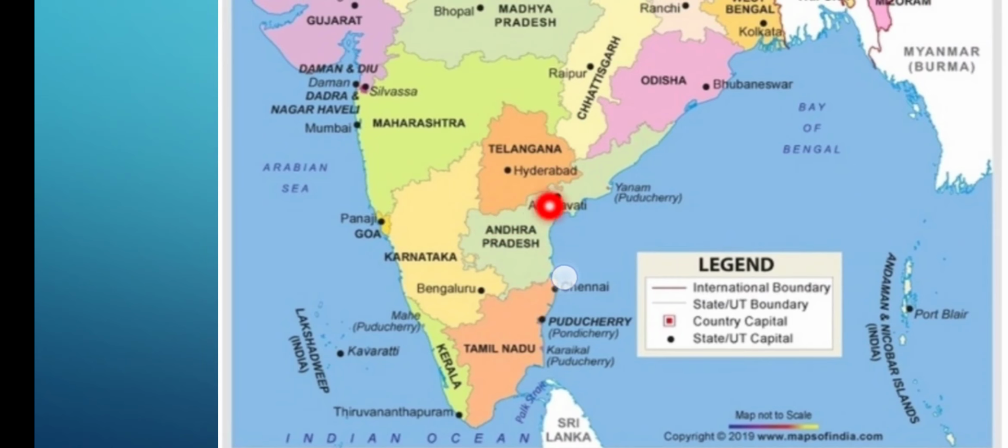It is a landlocked state. So if the question is there, a state in South India which is not along the coast or not sharing any coastline, the rest of the states you can see have a coastline, but Telangana doesn't have any coastline. It is a landlocked state.